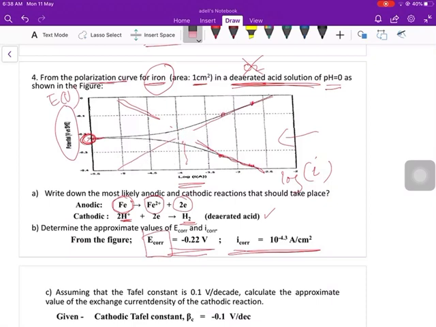Probably I need to erase this and do it again, because initially I found it's negative 4.3. So somewhere here, log I is negative 4.3.